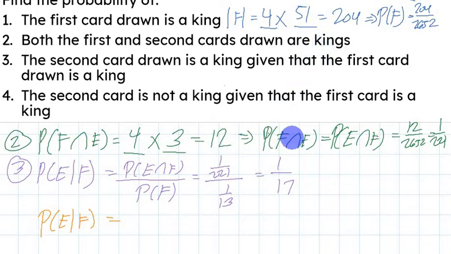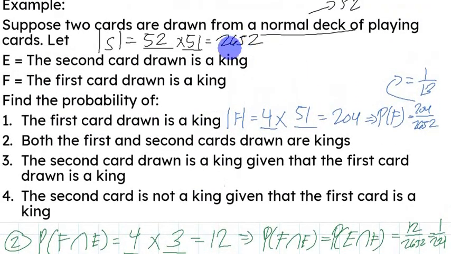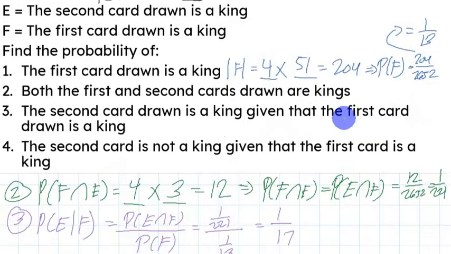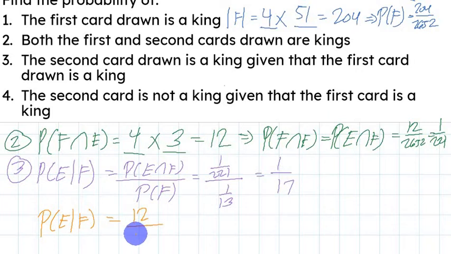So there are 12 chances of that happening out of the 204 outcomes wherein the first card drawn is a king. So instead of a sample space of 2,652, we'll just get those 204. So 12 over 204, which will also lead us to 1 over 17.